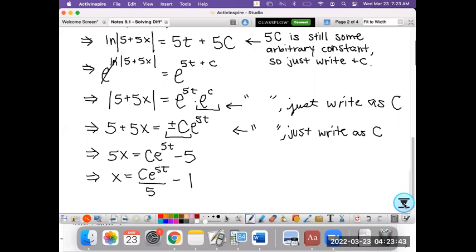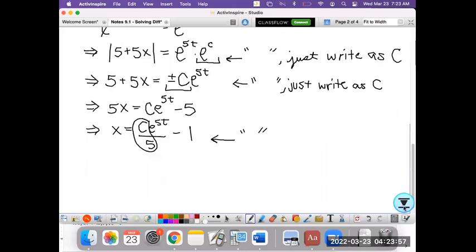But C over 5, still some arbitrary constant. Just write it as C. So our final answer is x equals C e to the 5t minus 1.